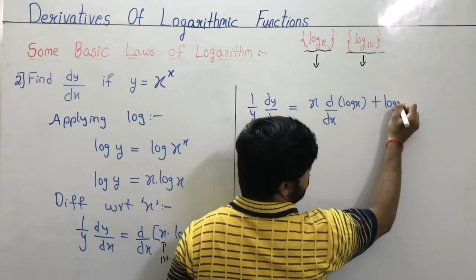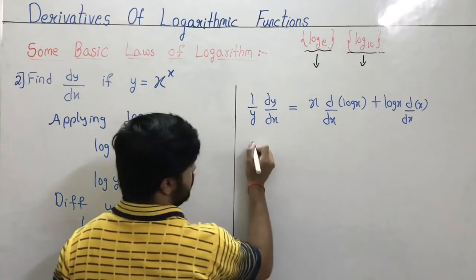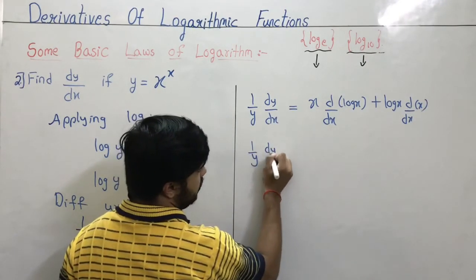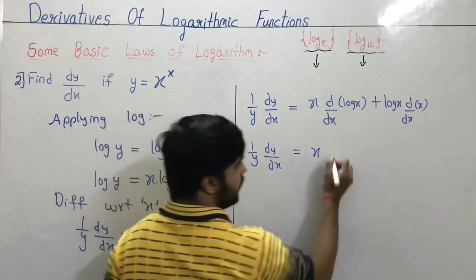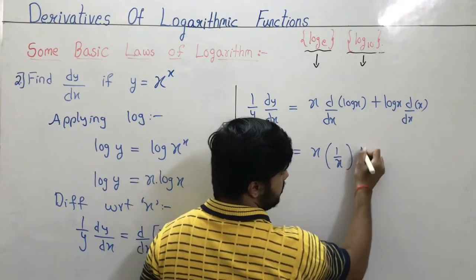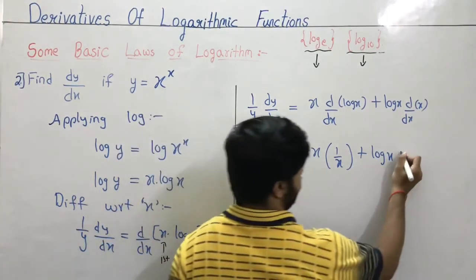So 1 upon y dy by dx is equal to x, the derivative of log x being 1 by x, plus log x as it is, the derivative of x being 1.